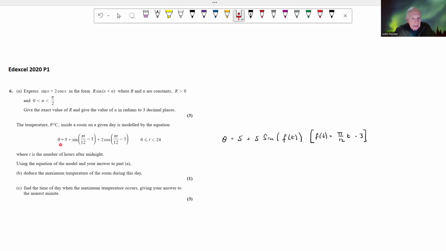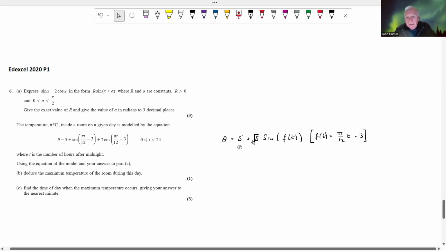So the maximum will be 5 plus root 5, and the minimum will be 5 minus root 5.